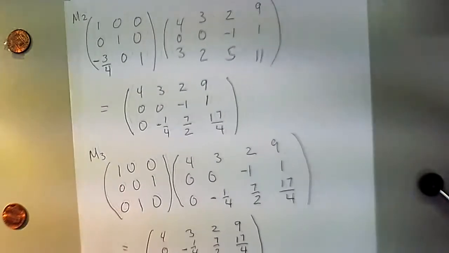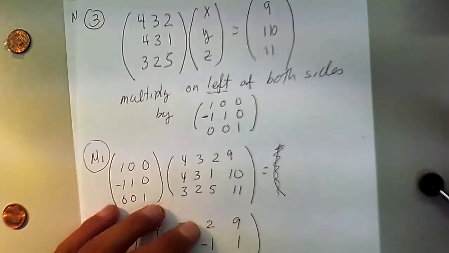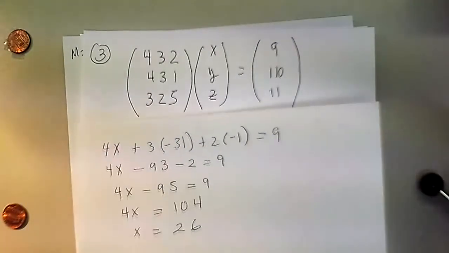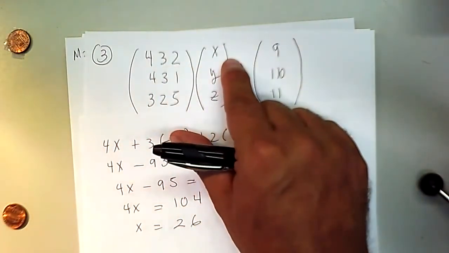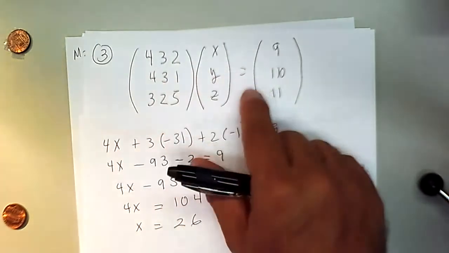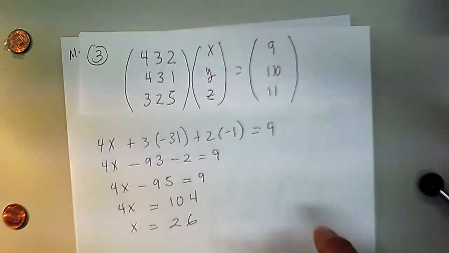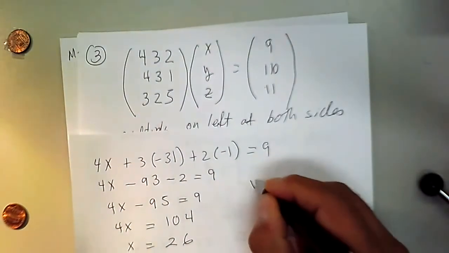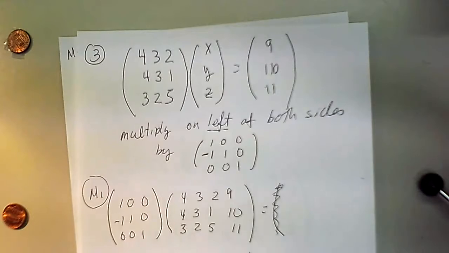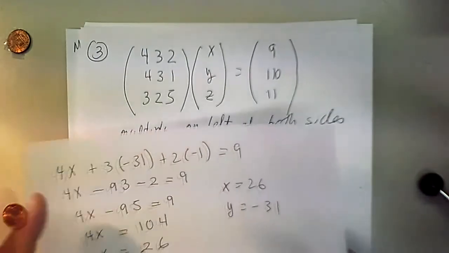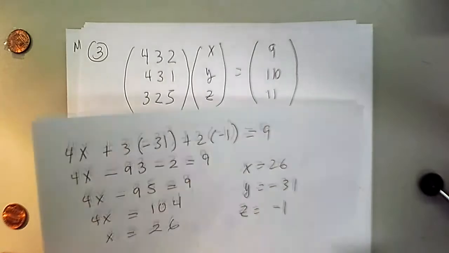Now, before I claim to be victorious, we have to check that our original matrix equation works under these numbers. So we got that x equals 26, y equals -31, and z equals -1.